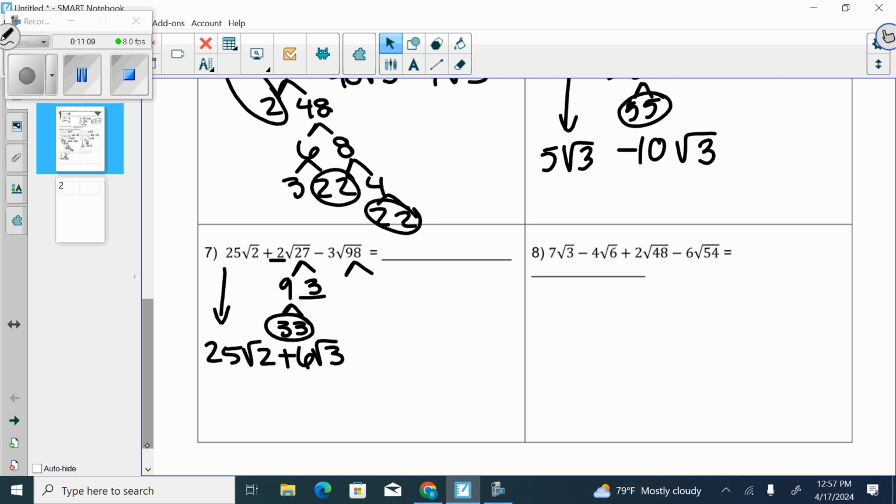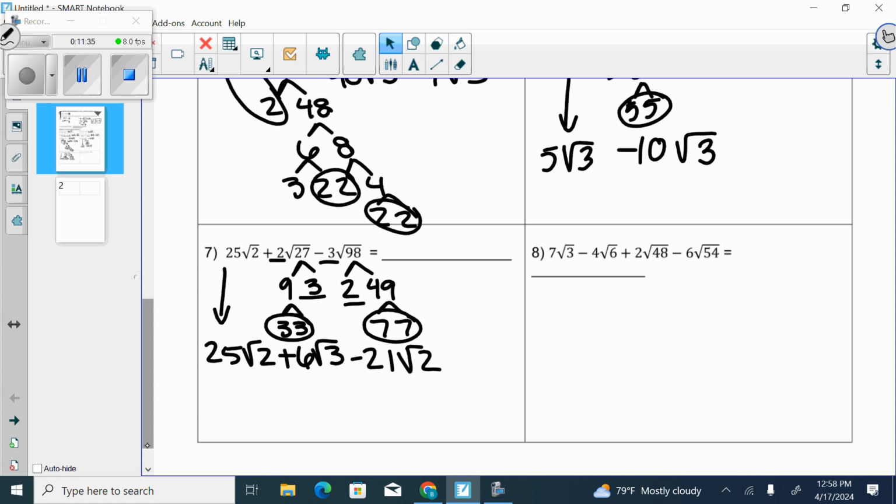Alright, then we got 98. 2 and 49. Good. Right, we had a negative 3 in front. So what is 7 times negative 3? Negative 21. Okay, and then what was left without a pair? 2. Alright, so you guys see any like terms?